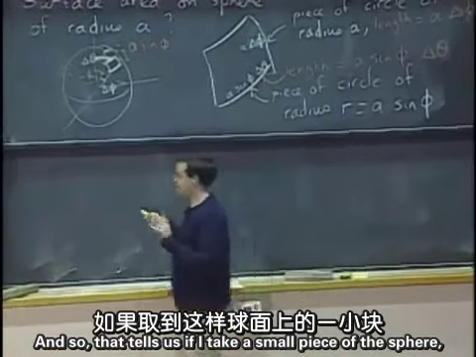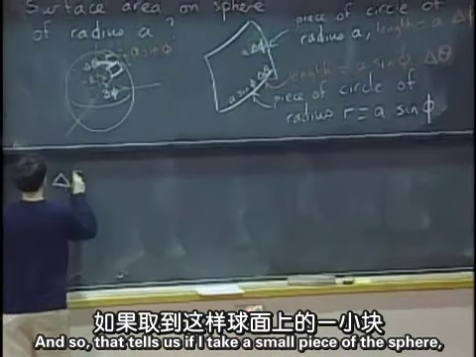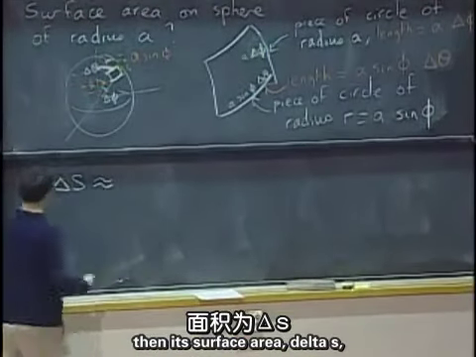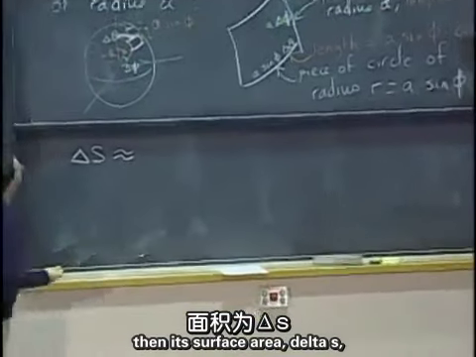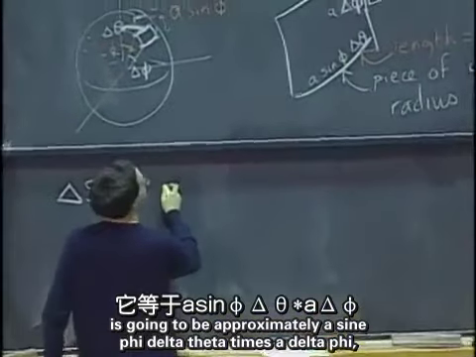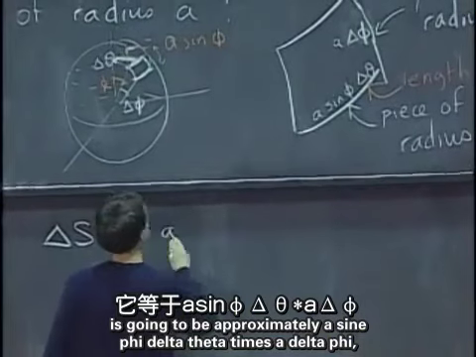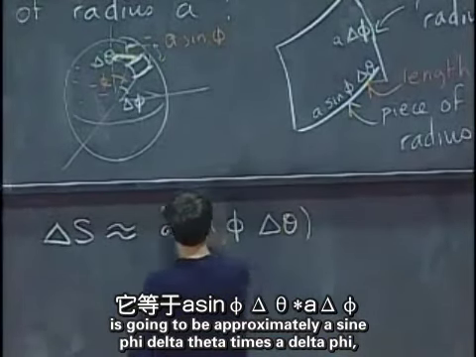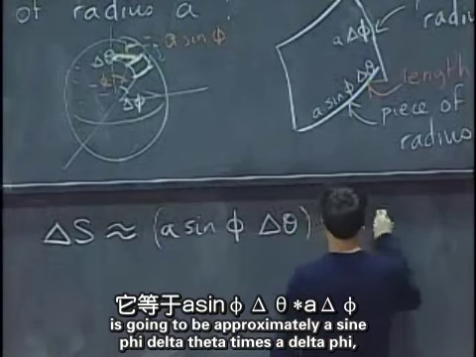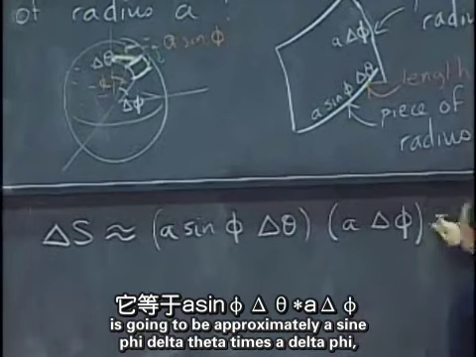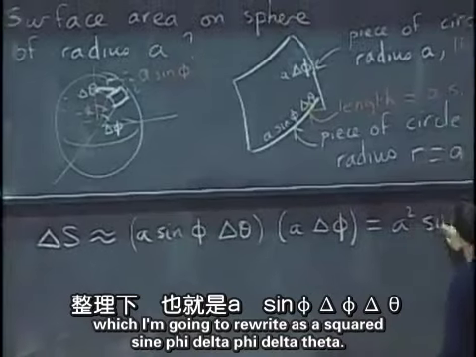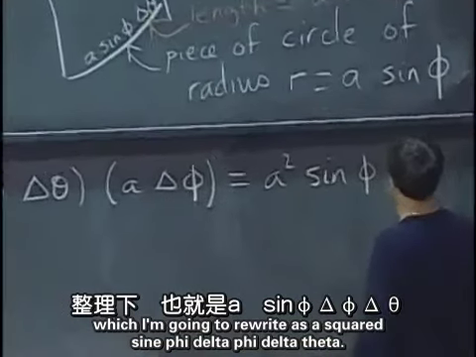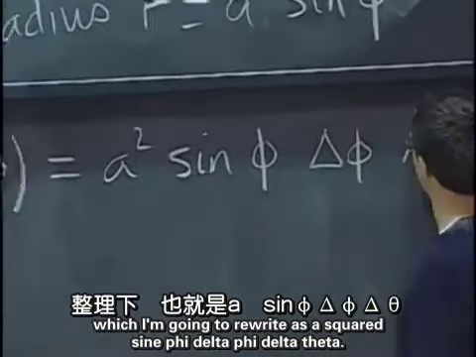So that tells us that if I take a small piece of a sphere, then its surface area, delta S, is going to be approximately a sine phi delta theta times a delta phi, which I'm going to rewrite as a squared sine phi delta phi delta theta.